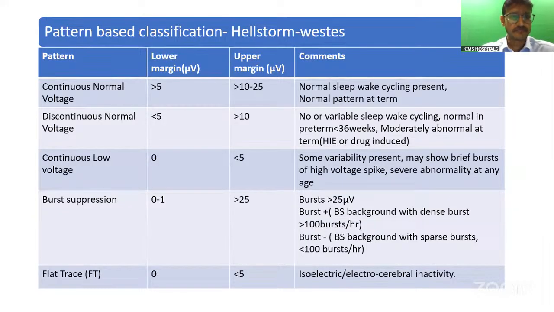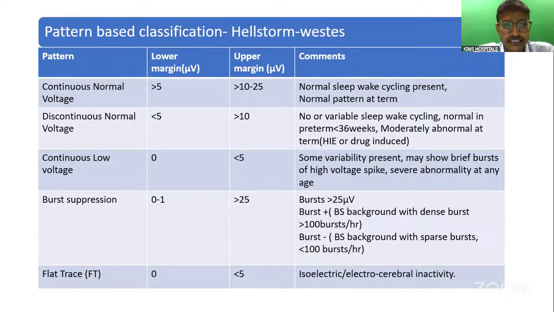Now, this pattern, based on Hellstrom and Westers, has been categorized as continuous normal voltage, discontinuous normal voltage, continuous low voltage, burst suppression, and the flat trace. The difference between continuous and discontinuous voltage is based on the lower margin. If the lower margin is more than 5 and the upper margin is between 10 to 25, it is continuous.